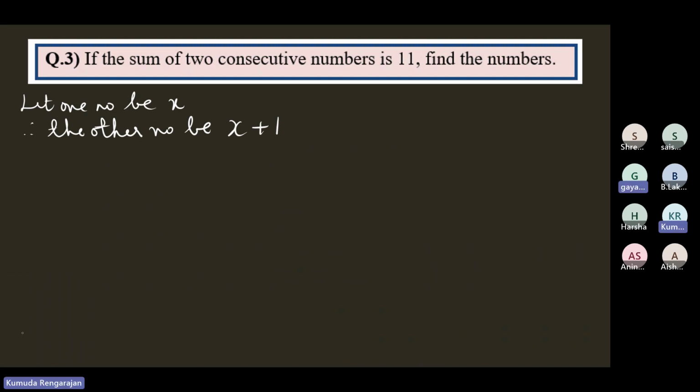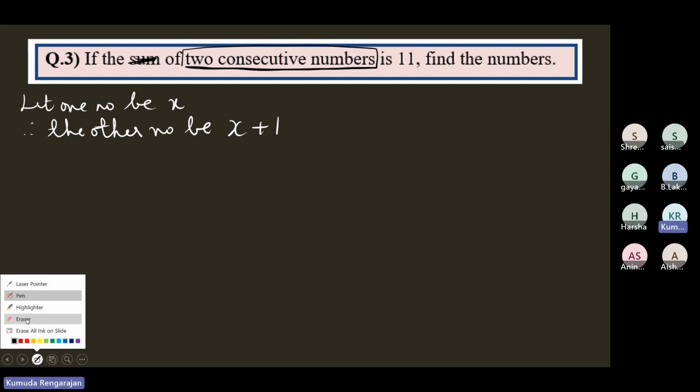Which part of the question have you used for assumption? Sum of 2 consecutive numbers. No, you have not used sum. These words, 2 consecutive numbers. Using this, you have made the assumption, right? Yes, ma'am. 2 consecutive numbers. So 2 numbers and consecutive numbers. So x, x plus 1.